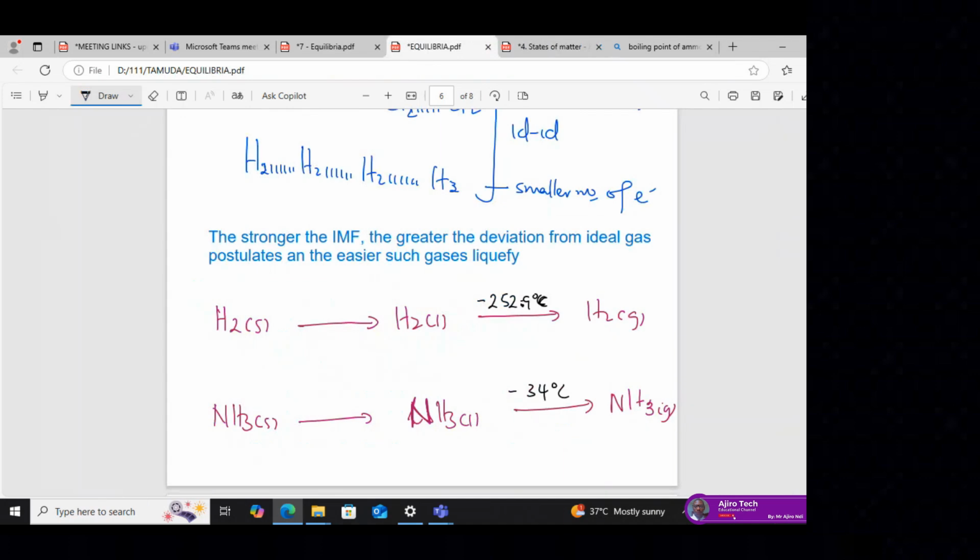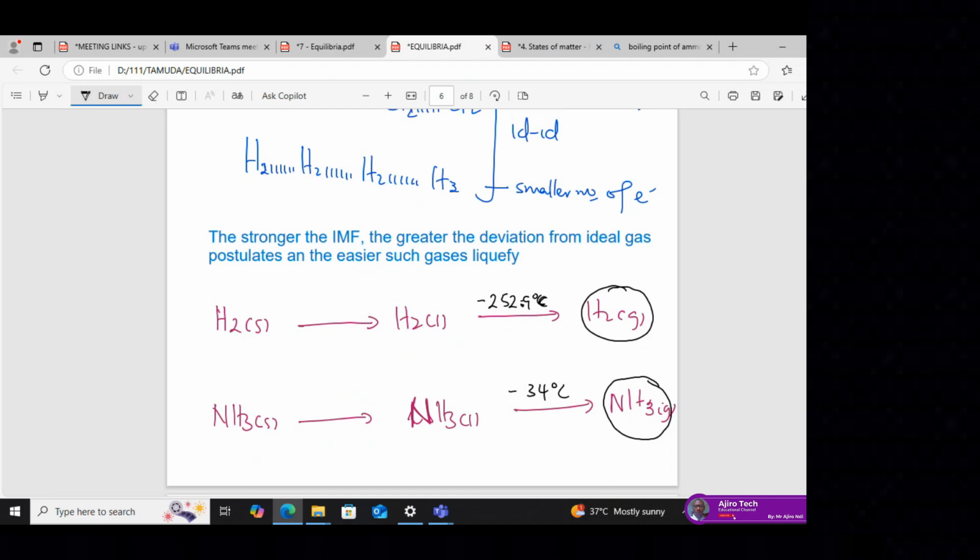Look at it, both of you. You have gaseous hydrogen and gaseous ammonia. You are cooling them from 25 degrees Celsius to 24, 23, 22, 21, 20, 0, minus 1. Which one turns to liquid first?